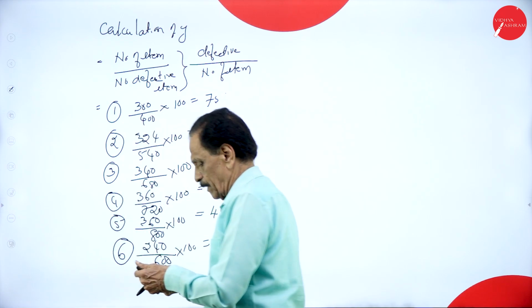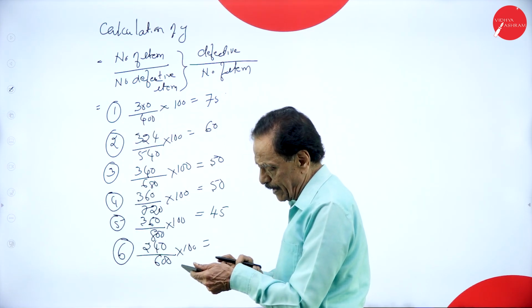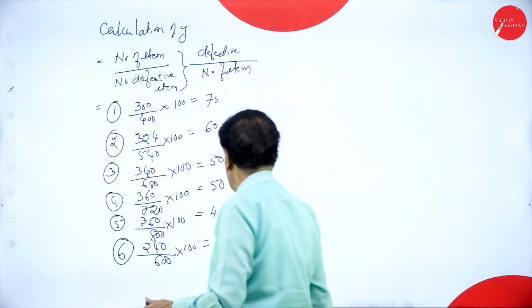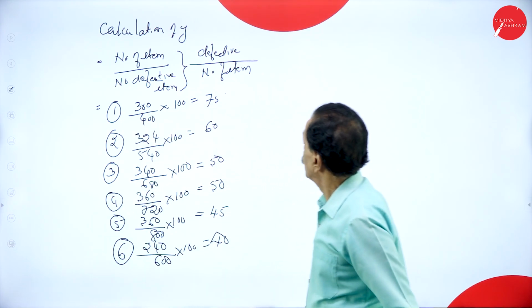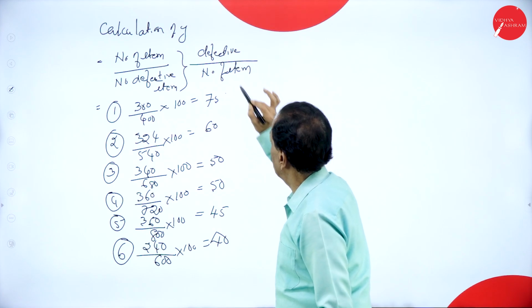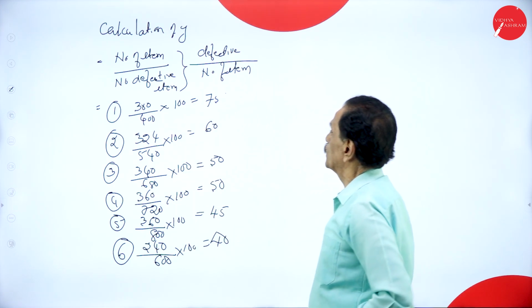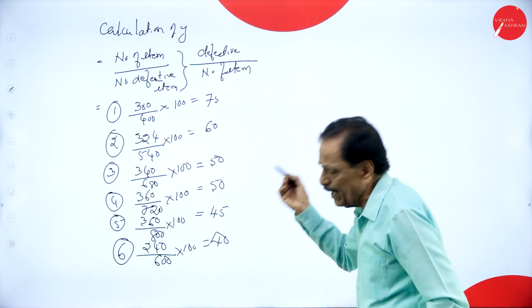Last one, 240 divided by 600 into 100 is 40. Hope you understand. They have given the number of items and number of defective items, so defective divided by number of items, I have calculated. So this becomes the y. X is already given.